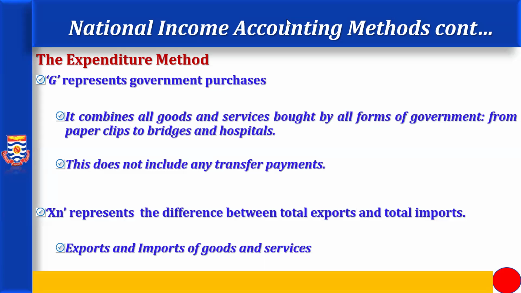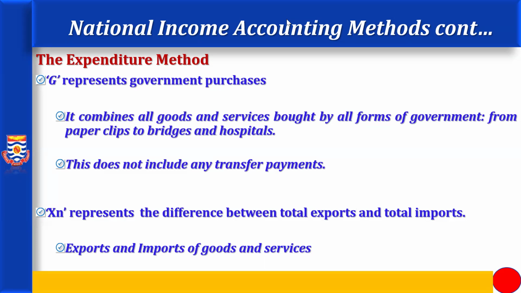When we say all forms of government, we mean ministries, municipals, metropolitans, district assemblies, regional coordinating councils, and any arm of government, right? Judiciary, legislature, parliament, and all that. Every expenditure made by all forms of government, we call it government expenditure.